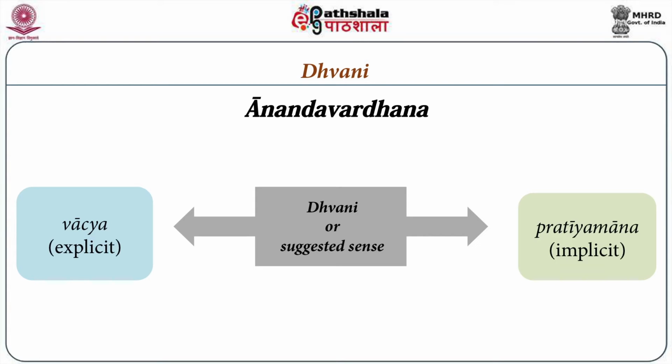This unexpressed or implicit or implied meaning is based on expressed. So just as a person who enters in a dark room wants to see something or wants to search something, holds a lantern or torch in one's hand, in the same way a poet uses explicit meaning to enlighten implied meaning.